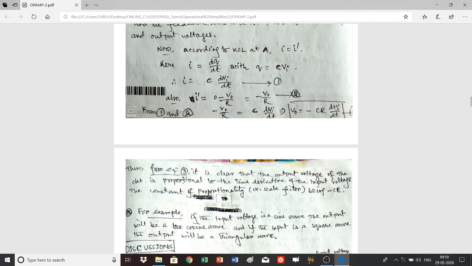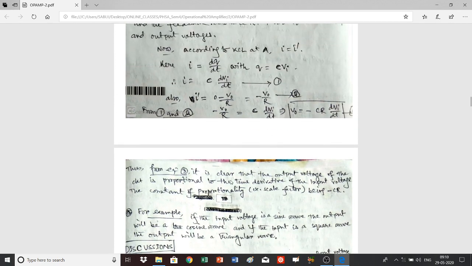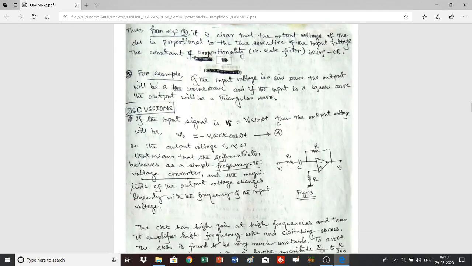And if you use the input voltage as a square wave, then the output voltage will be a triangular wave, or vice versa. So it is also important, and very interesting, that the waveform can be changed by using a differentiator, as was seen in the case of the integrator.